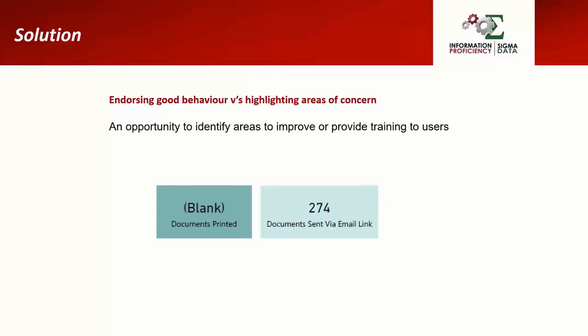We have another example here of endorsing good behaviour versus highlighting an area of concern. This was an opportunity to identify when people are emailing links versus printing documents. And this is an example of some good behaviour. No documents being printed and lots of emails being sent using links.